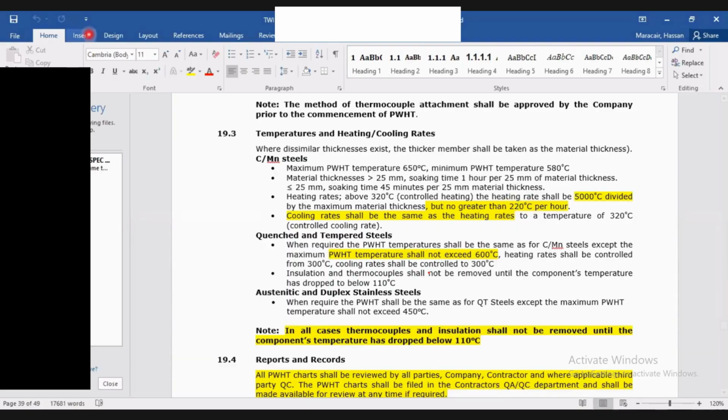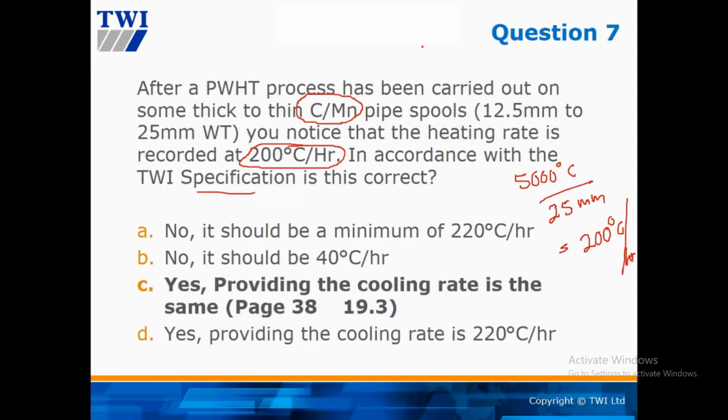So back to this one. In spec mentioned maximum allowed 220° C per hour. So in this case, 200° C, that's still acceptable because it's not more than 220. So the answer goes to C, yes.